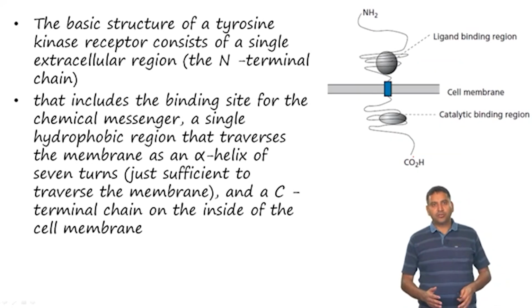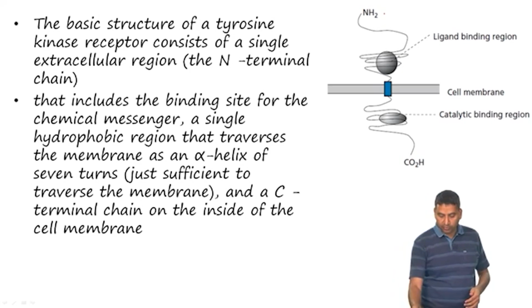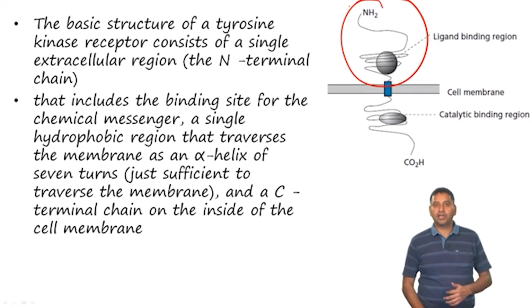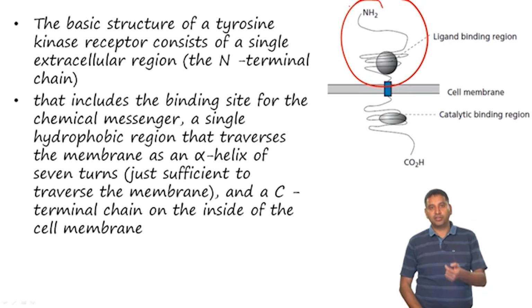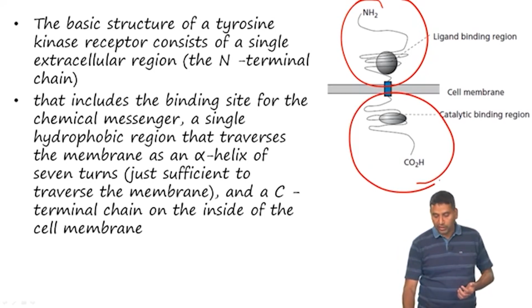Let us look at the structure of these tyrosine kinase receptors. These contain a single extracellular region, which is the N terminal region, which also contains the ligand binding region, and the binding site of this chemical messenger. A single hydrophobic region traverses the membrane as an alpha helix of several turns, and the C terminal chain is inside the cell membrane as shown here, and this has the catalytic binding region.